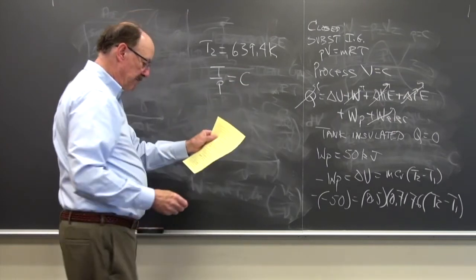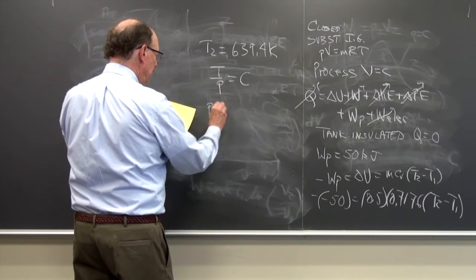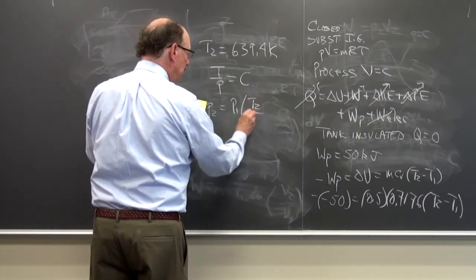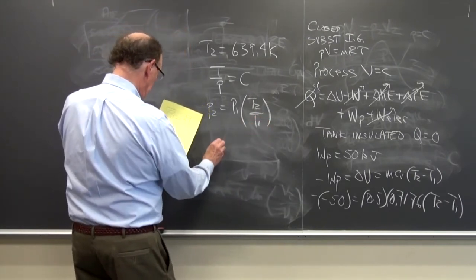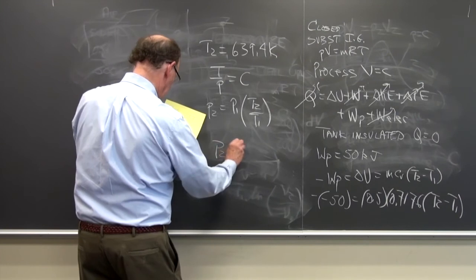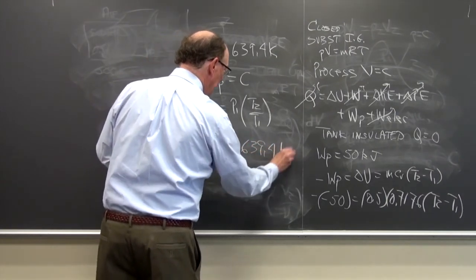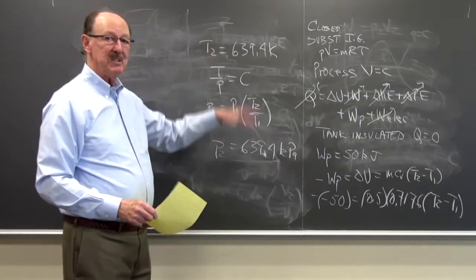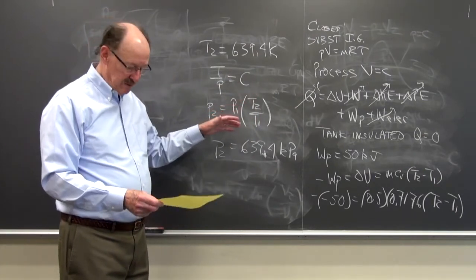And I can solve for T2, I can solve for P2. So P2 is equal to P1 times T2 over T1. And if you substitute in, you get that P2 is 639.4 kPa. And the reason the numbers are the same is that I picked 500 for both of them in their proportion.